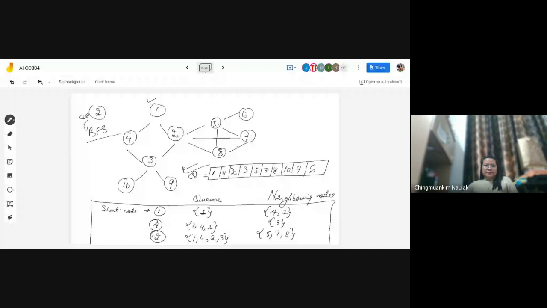How about the first example? The first example is easy enough, simple. Okay, just wait.